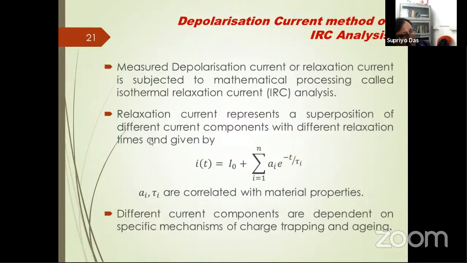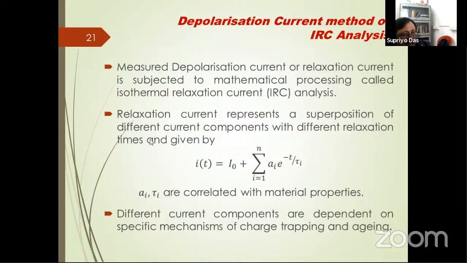There, the depolarization current is made up of different relaxation current components, which have different relaxation time constants. Only the mathematical analysis is different for the extended Debye model and for IRC analysis.